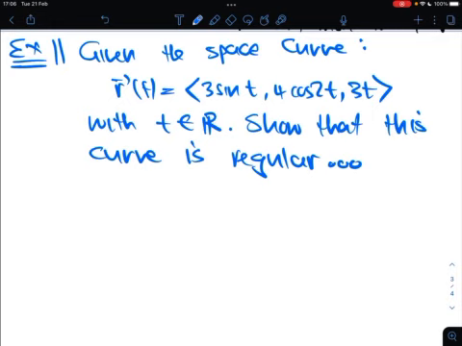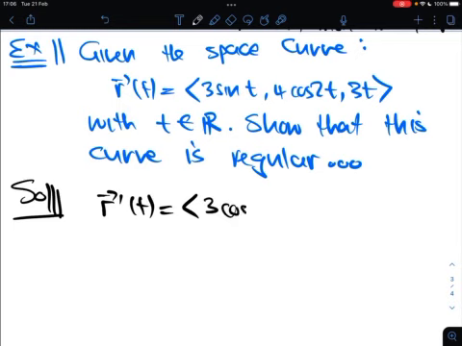So how can we then solve a problem like this one? Already we have seen that if you want to prove the smoothness, you need the derivative of the space curve. So let's find this first. What is r prime of t? r prime of t is 3 cos t, minus 8 sine 2t, and 3, like this. You see.